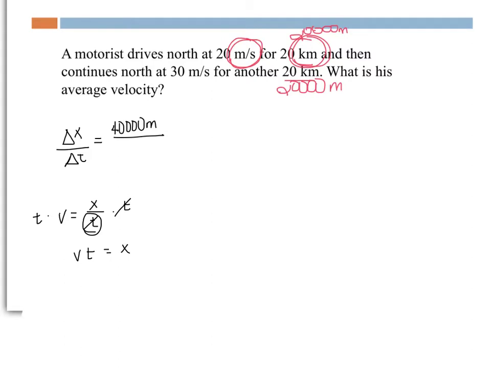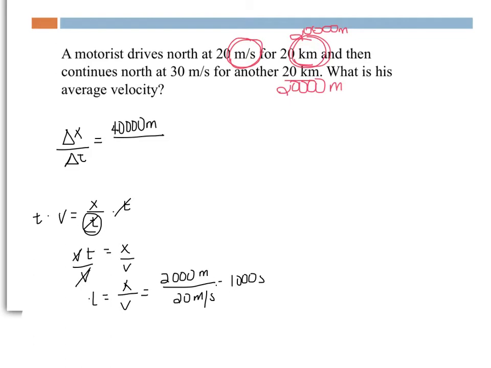Again, our goal is to get t by itself, so we divide by v, and we get time is equal to displacement over velocity. In this case, 20,000 meters divided by 20 meters per second, which gives us 1,000 seconds. So we traveled 1,000 seconds in the first part of our motion.